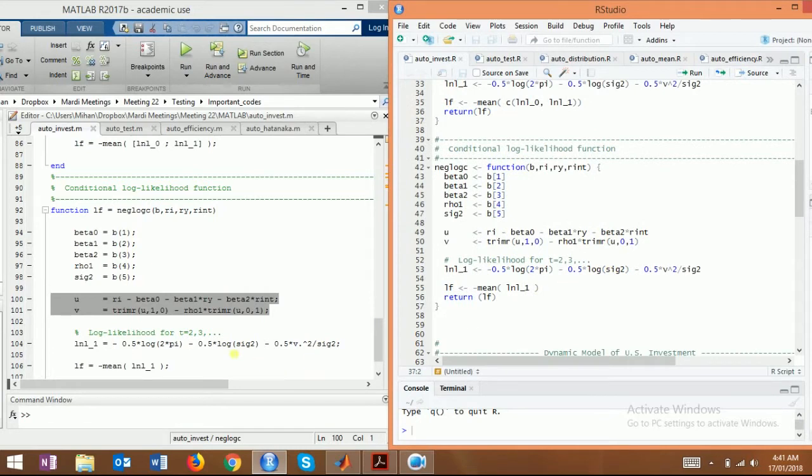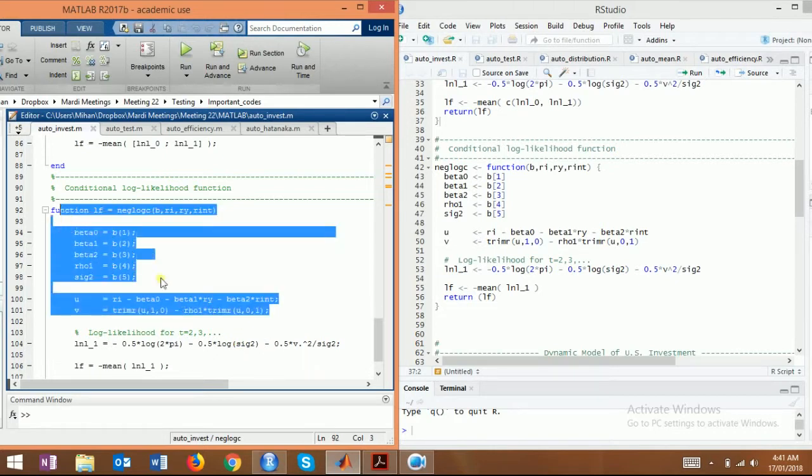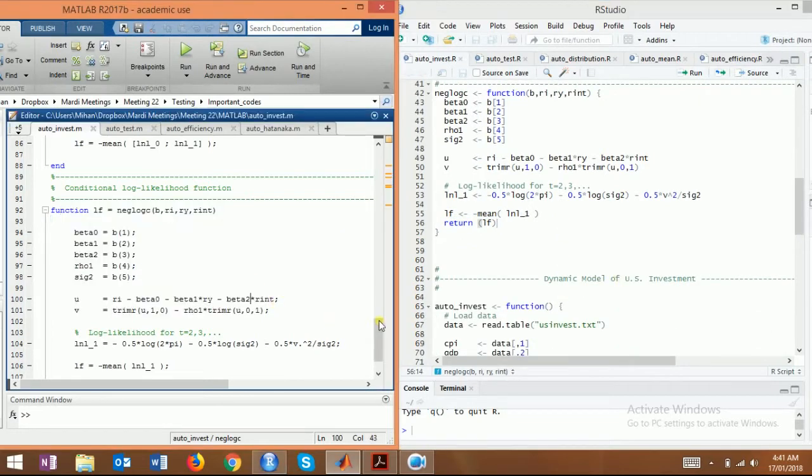Basically, in the conditional log likelihood function, we are not talking about t equals 1, we are starting from t equals 2 to 3, so we just separate the function from the other functions. That's all for optimization instead of combining the functions. So just v sigma squared. This is the conditional log likelihood function, and then we are returning LF. That's very simple.